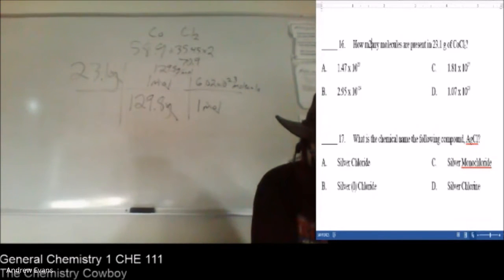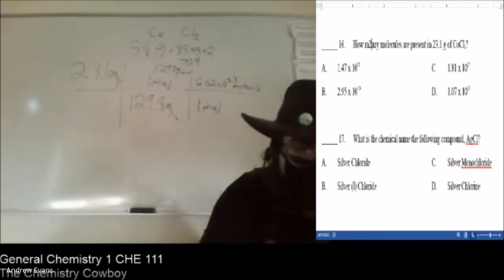What's the answer? There may be a couple answers that seem reasonable, but one of these is going to be way better than the other. So 129.8, and then times 6.02.